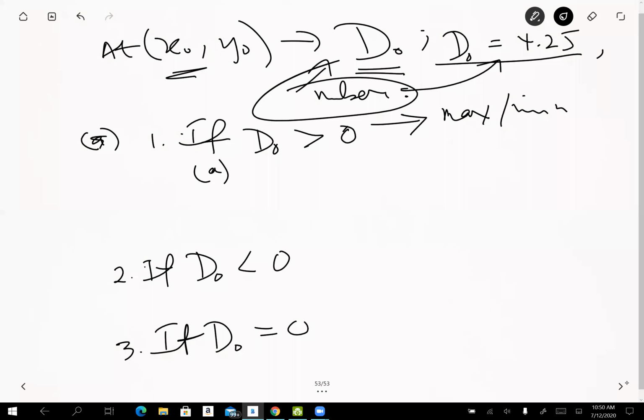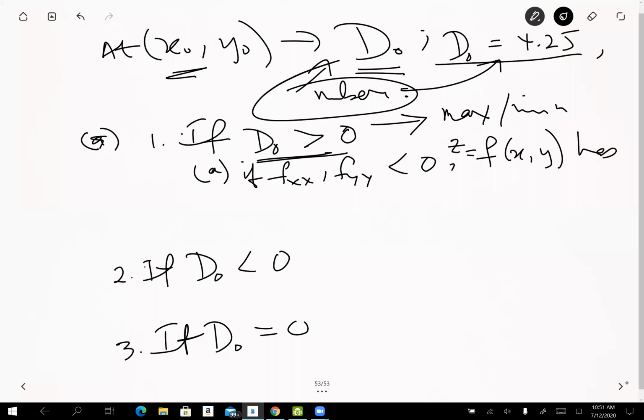If D is bigger than 0, then the possibility here is, A, if fxx, fyy are both less than 0, then the function z equal to f(x, y) has what? A maximum at x0, y0.